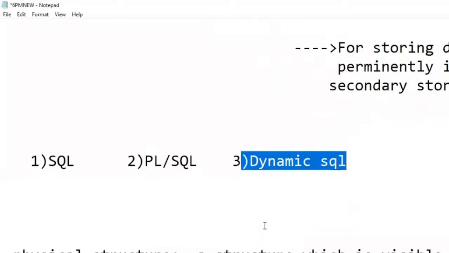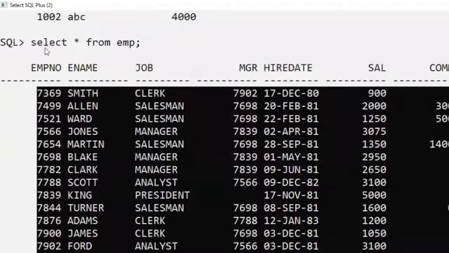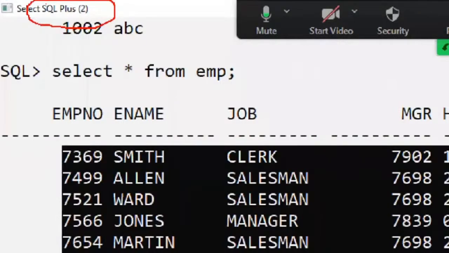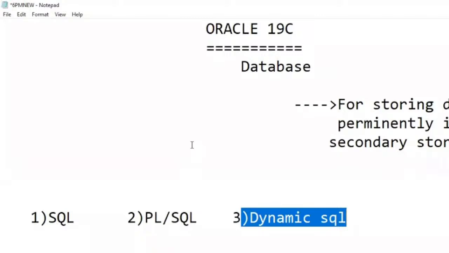But another thing is there in my system: SQL Plus. What is this one? This is a tool, called a client tool. If you want to connect to the Oracle database, we use client tools. SQL Plus is the default tool.